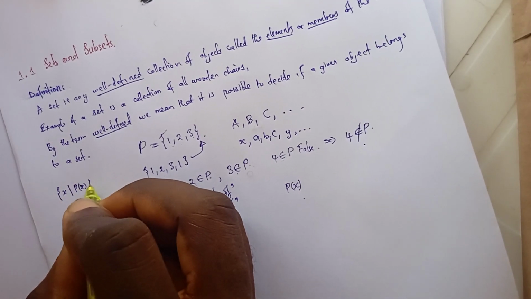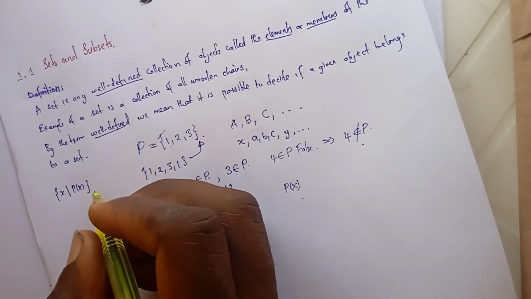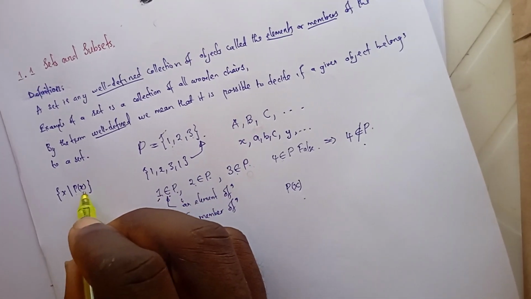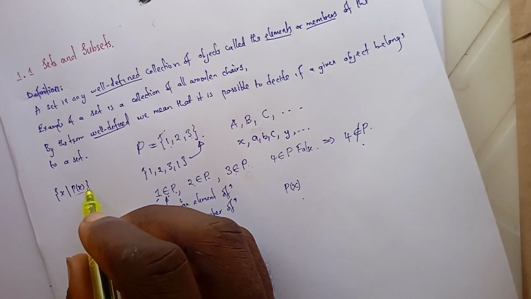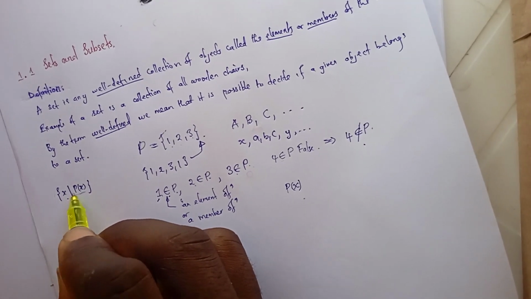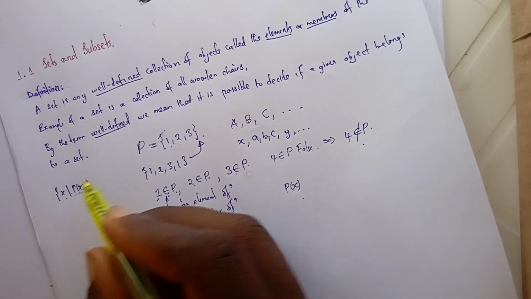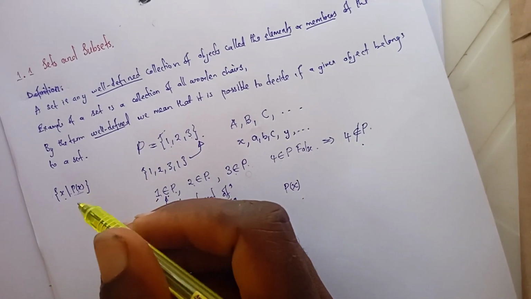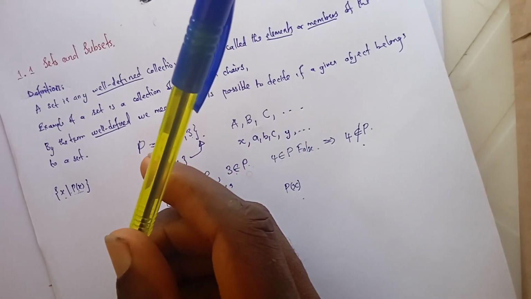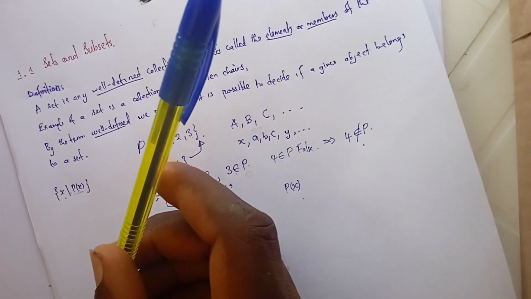So this is often the way we denote a set by describing the property that the members have in common. And this is read as the set of all X such that P of X holds.